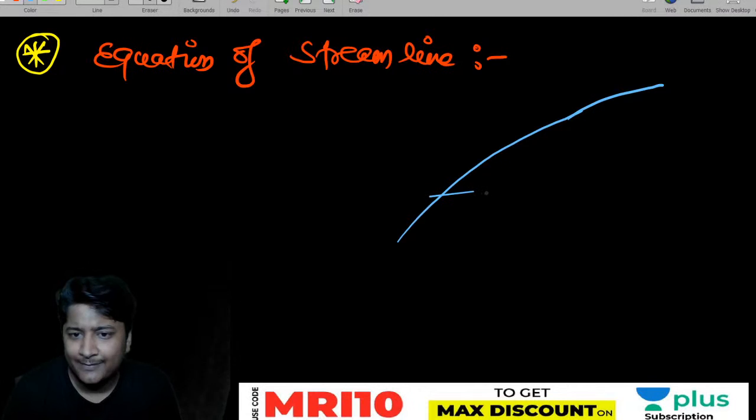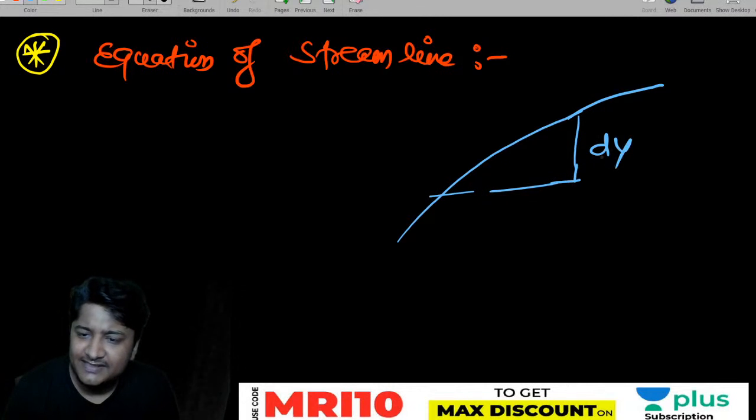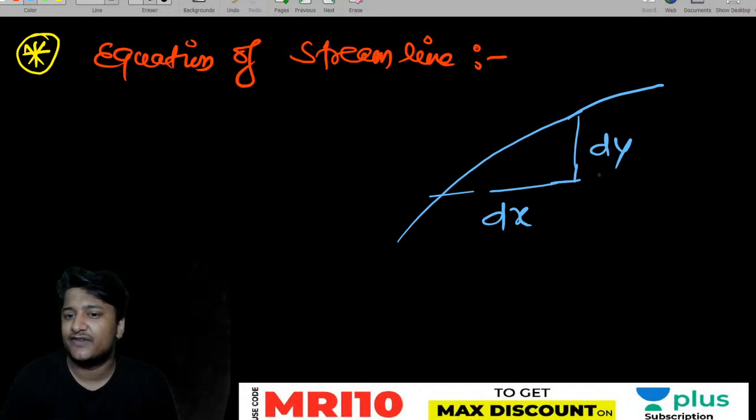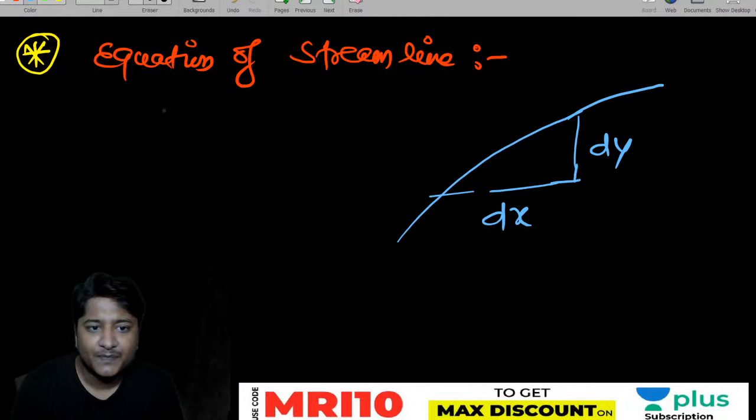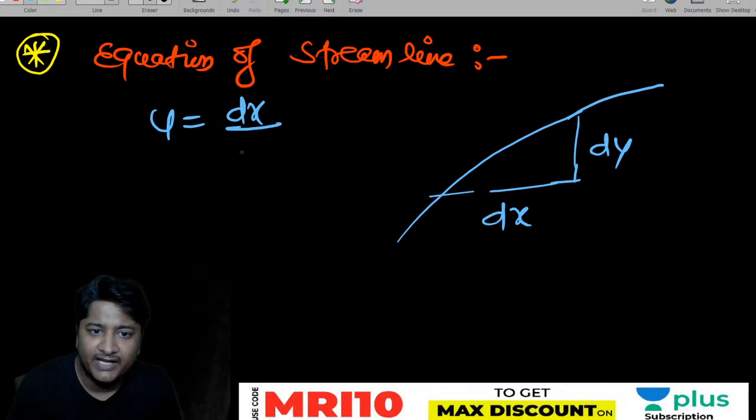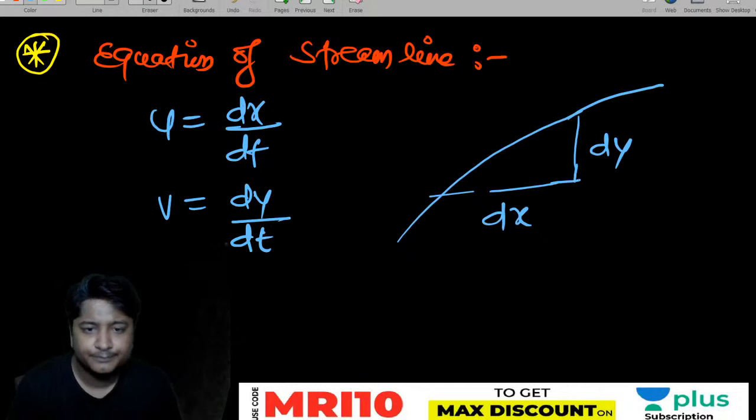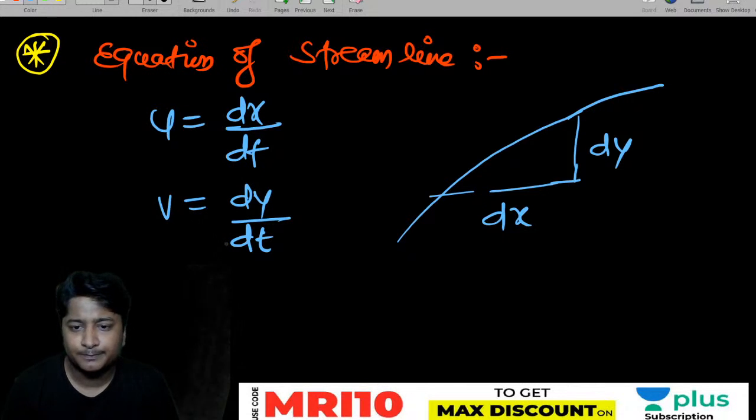At a particular time, if you are looking, distance travelled is dy in the y direction, and in the x direction it is dx. So if you find out velocity in the x direction, it will be dx upon dt. In the y direction, it will be dy upon dt. I don't think anybody will have any problem.